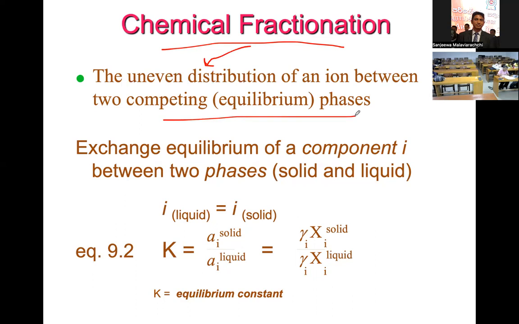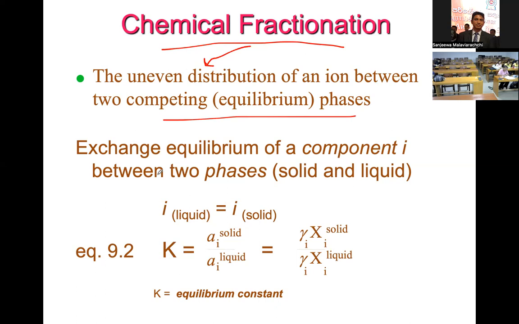That means they are in touch with each other. Okay, they are in equilibrium actually. Competing means nothing is going to react with another. In an equilibrium situation, all these things happen. If equilibrium is broken, then the competition is over. One will react with another.